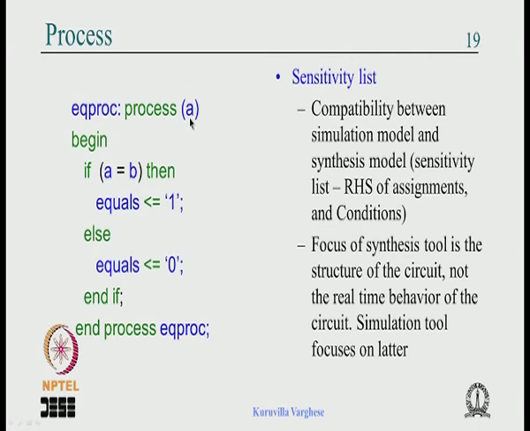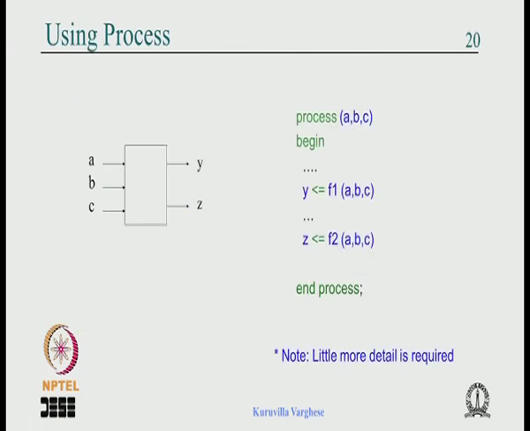So this is a kind of an error which you need to correct. This is not a new circuit, but this is an error, and there is an incompatibility between synthesis and simulation model. So let us move forward now. The question is that don't get bogged down by this kind of keywords. It is very simple. Suppose you have a block where the input is A, B, C, it can be a single bit or a multi array of bits, and you have two outputs Y and Z, and you want to use process to write this block.